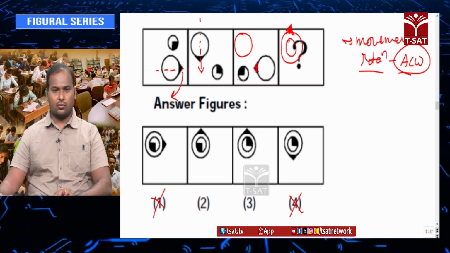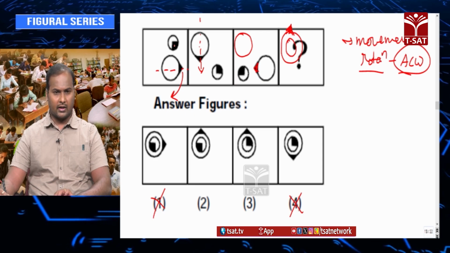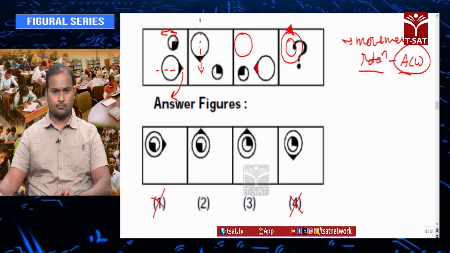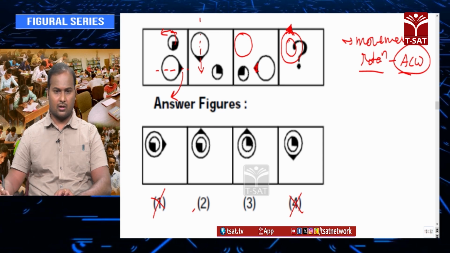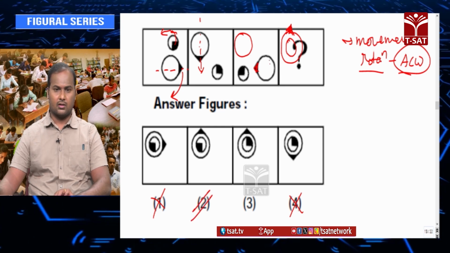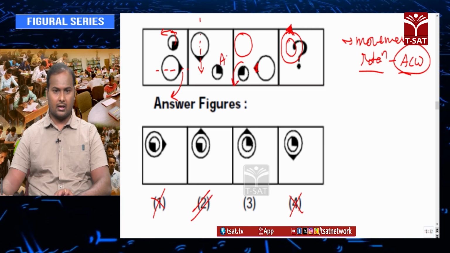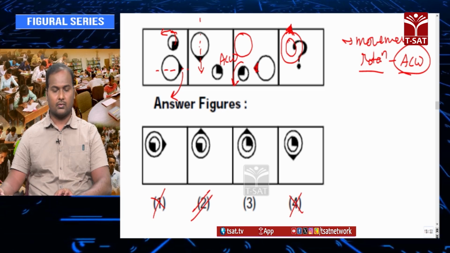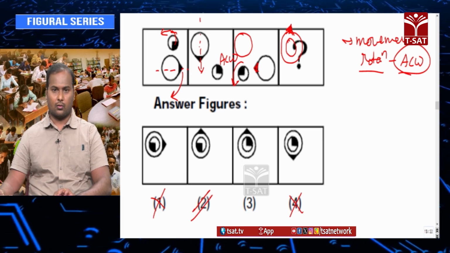It is here, and again moves to the top, and again rotating, and will come to the bottom. So option 2 is the answer. Just rotate this small circle in the anti-clockwise direction, you will get option 2 as the answer. So in this case, both the circles are moving as well as rotating.